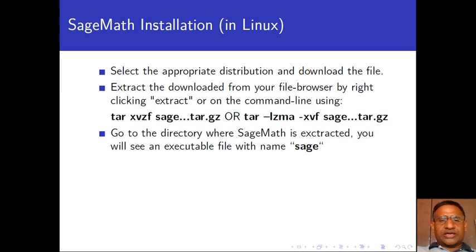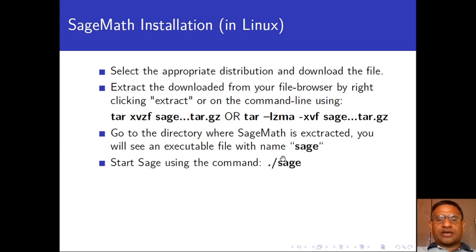if you go to that directory, you will see a file named sage. This is an executable file. Now you can run this file by the command ./sage. But you have to give this command from this particular SageMath directory. It will not work from outside.